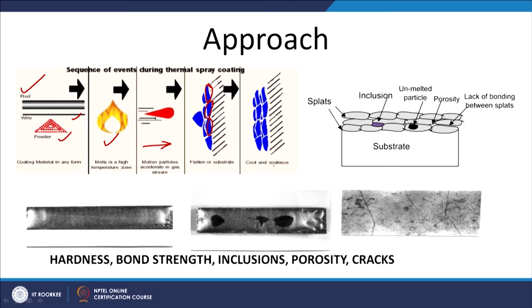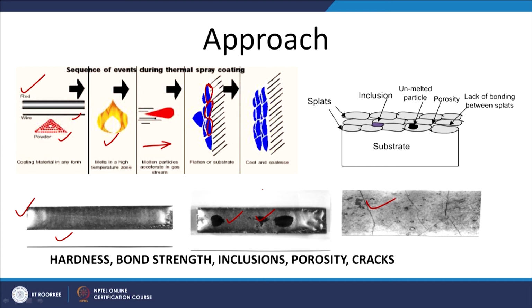There are various issues related with these coatings. This is typically a flame spray coating of a nickel chromium based alloy system onto the surface of steel. This shows a very sound coating, free from defects, but there can be other defects like cracks in the coating, depending on the kind of materials and the thermal expansion and contraction behavior of the substrate material as well as the coating, and there can be pores and other discontinuities present on the surface or within the coatings.